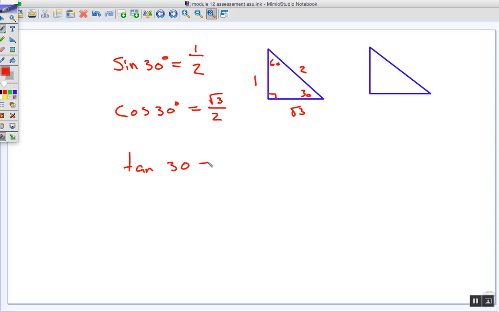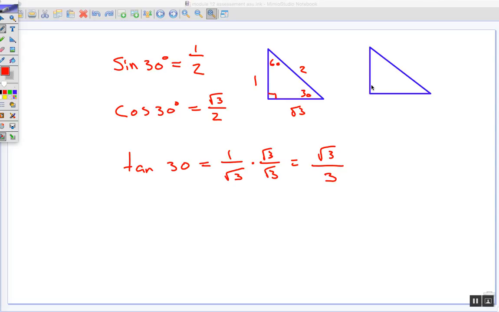Tangent of 30 is equal to opposite over adjacent, so 1 over the square root of 3. I'm going to go ahead and rationalize the denominator because that's just good practice. So I'm multiplying by square root of 3 over square root of 3 because that's the equivalent of multiplying by 1. So that gives us square root of 3 over 3.